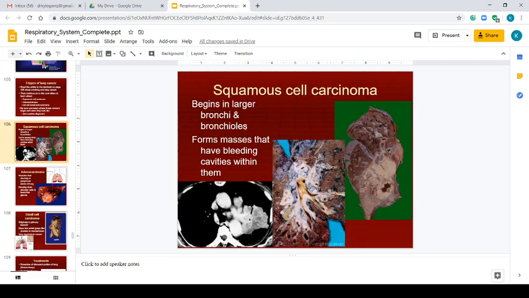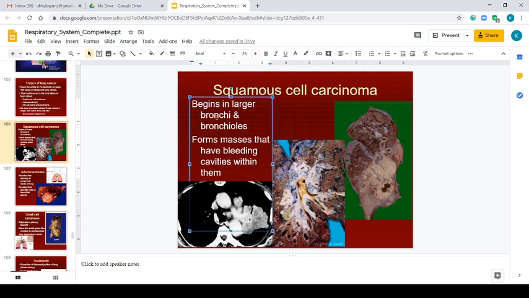Okay. So the squamous cell carcinoma begins in the larger bronchi and the bronchioles. It forms in masses that have bleeding cavities with them, all right? So we see here the bronchi and the bronchioles, those are right off the trunk of the tree and some of the bigger branches, right? That's where we're going to see these tumors.